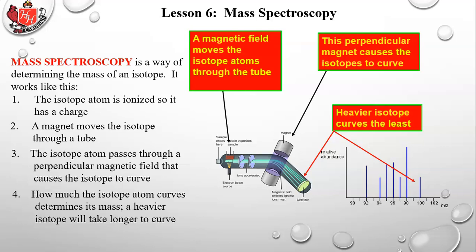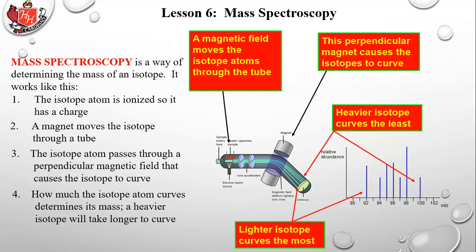Now the number's not important, it's just understanding that it's higher. Heavier is going to be a higher number over there. And the lighter isotope will curve faster, so it'll end up on the bottom of that tube, and that would be the one that's closer over on the left-hand side of that histogram.